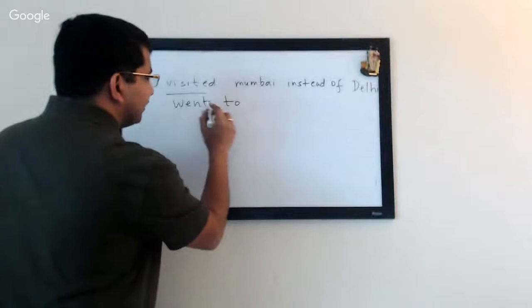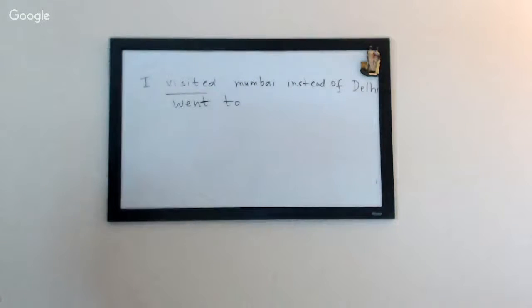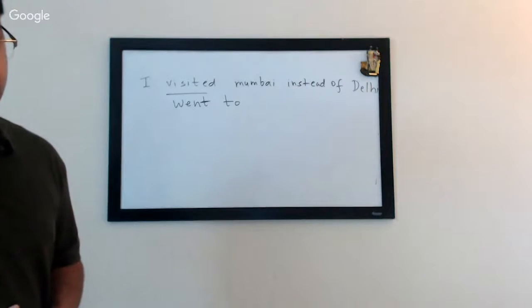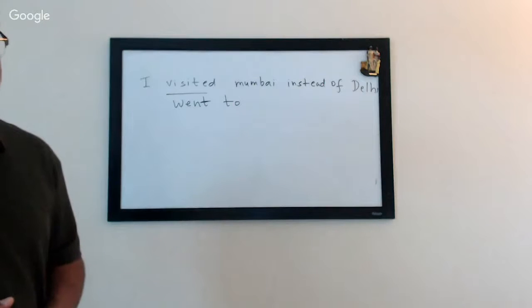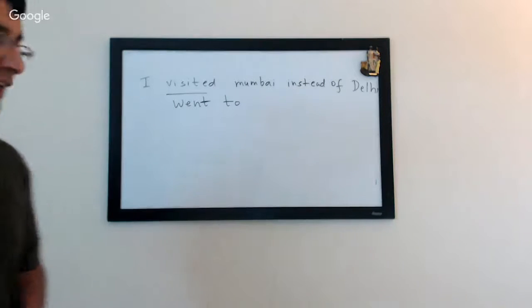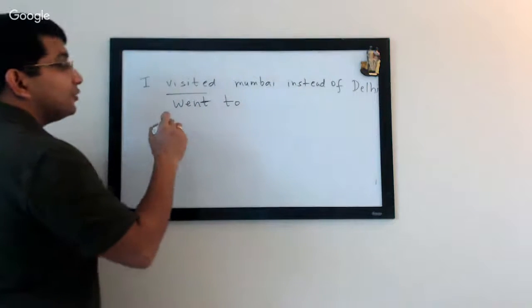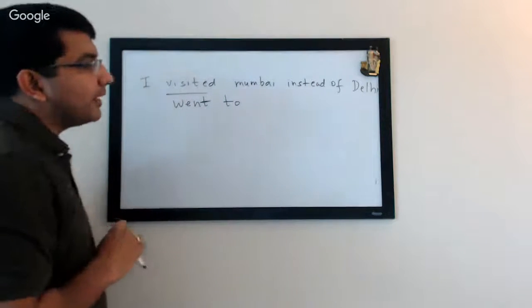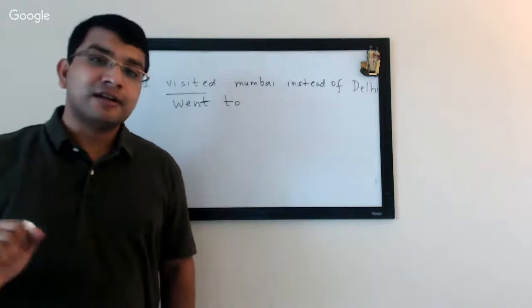You can also say I went to. That's acceptable as well. I went to Mumbai instead of Delhi. So it was a tricky one actually. The reason is because, when you say I used to visit Mumbai instead of Delhi, then you can say मैं दिल्ली की जगह मुंबई घूमती थी और travel करती थी.